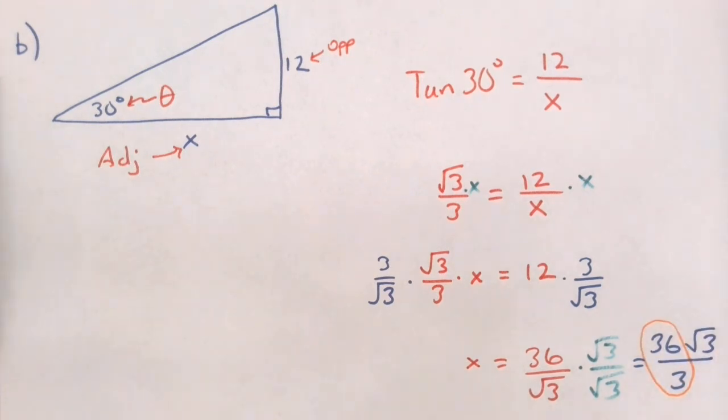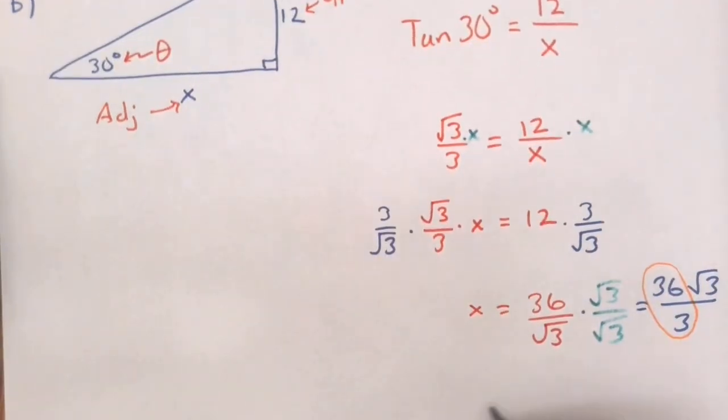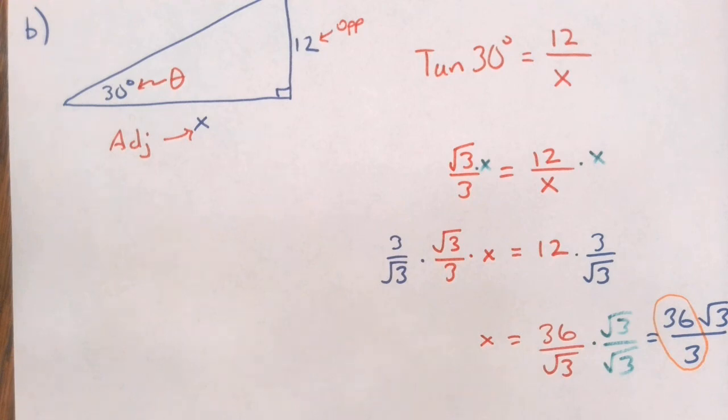And we have a regular number 36 and a regular number 3 in our fraction that can be reduced. So x would be equal to 36 over 3, which is 12, times the square root of 3. That is the length of that missing side.